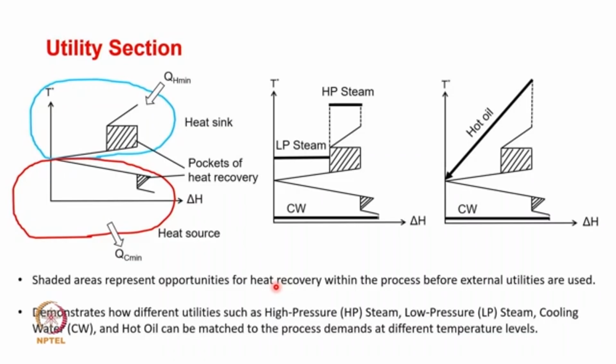In this curve, the shaded areas are the pockets of heat recovery, in which we can recover the heat within the process before the external utilities are required. So this is where we could do internal recovery by means of integration, and beyond that, of course, you have to add the utility. This part remains the hot utility, and this part remains the cold utility.